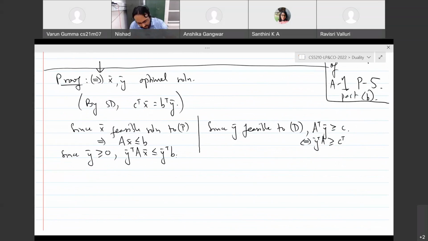And I could do the same thing here. Since x bar is non-negative, I can multiply both sides by x bar.